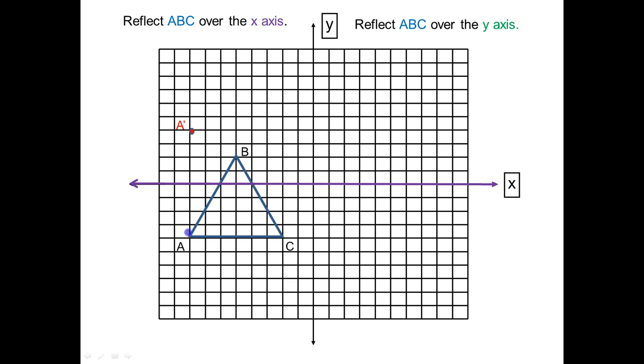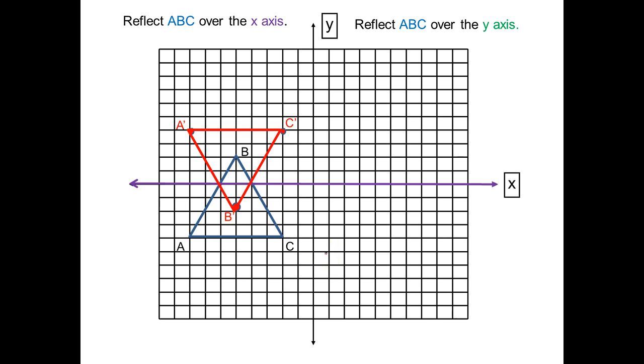So here's my original A, 1, 2, 3, 4 from the line of reflection, so I am 4 away from the line of reflection. My C is 4 from the line of reflection, so going 4 in the opposite direction will give me my new C. Now my B is 2 from the line of reflection, so going 2 in the opposite direction gives me my new B. And now when I draw the second figure, I can see that it is a reflection, but it is also an overlap of the two triangles.